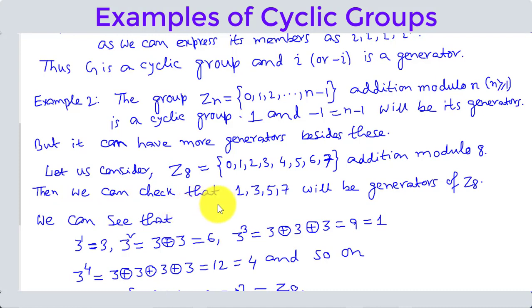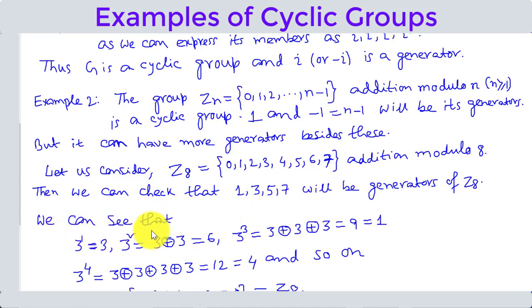Then we can check that 1, 3, 5, 7 will be generators of Z8, because Z8 can be generated with the help of 1, 3, 5, 7 respectively.